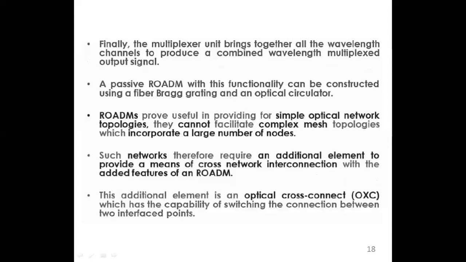Then on the other side, the multiplexer unit will bring all the wavelength channels and give you a combined wavelength multiplexed output signal. Usually the ROADMs are constructed using fiber Bragg grating, FBG, or optical circulators. And these were covered in module 4. So by now you should know how the circulator works.